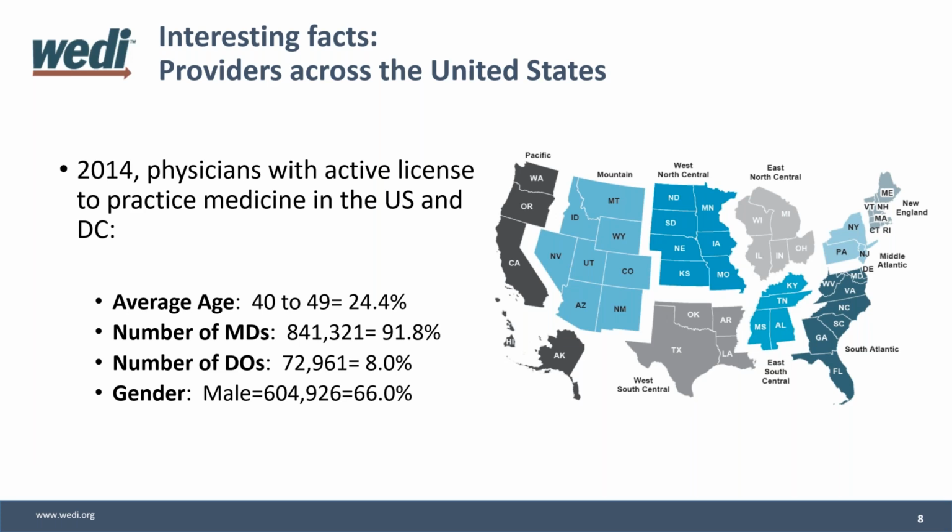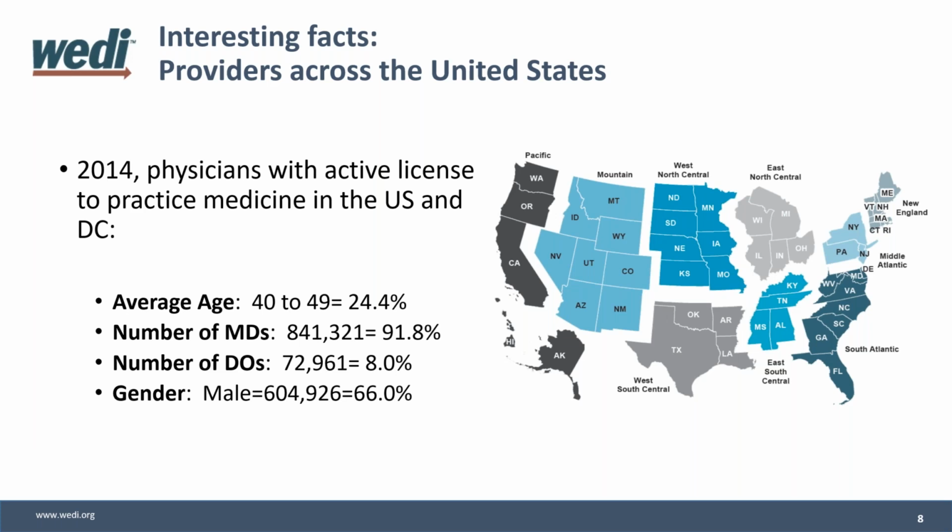A couple of interesting facts and figures, and again, as you can see here, this is data from back in 2014 when we started looking at really collecting credentialing data and credentialing providers across the U.S. and the specific U.S. territories as well. On average, the age of a particular practitioner, physician, is between 40 and 49.